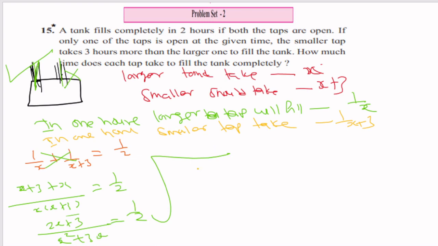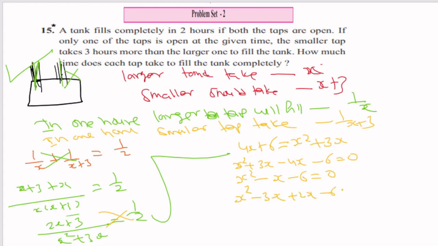Now we cross multiply again. It will be 4x plus 6 is equal to x square plus 3x. Bring all elements to one side. This way, now it will be x square minus x minus 6 equal to 0. Now we have to get the factors, and factoring is again very easy. x square minus 3x plus 2x minus 6 equal to 0.